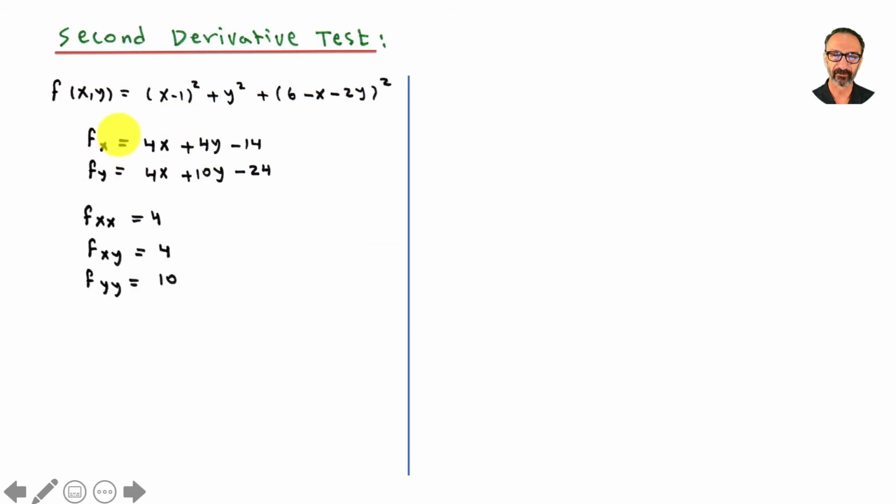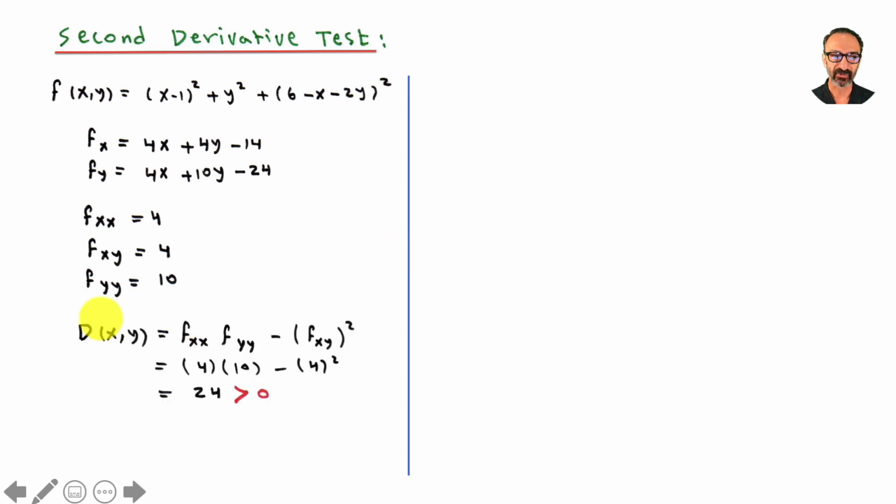Once you have the first derivatives with respect to x and y, you know how to do this. You could test it. Just follow the formula. Now notice right here that D is 24, which is positive.